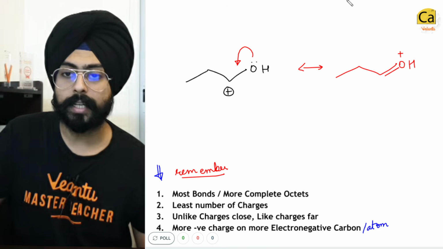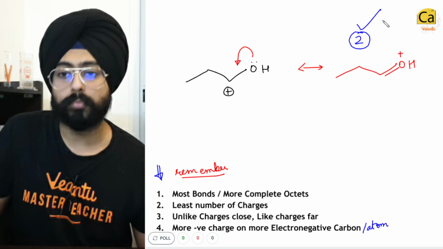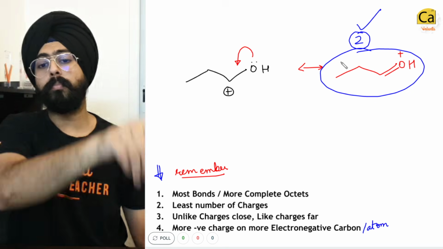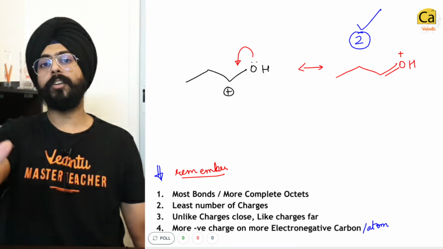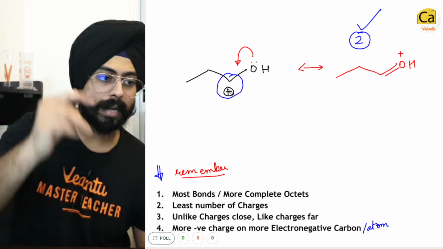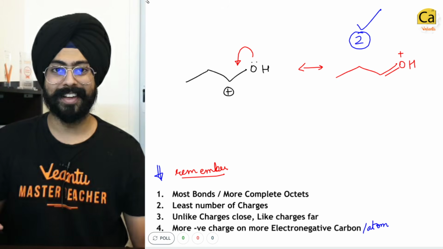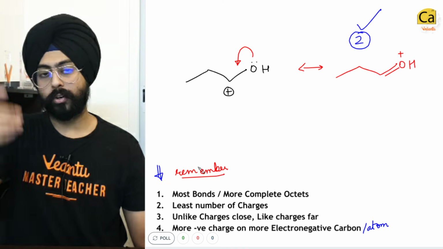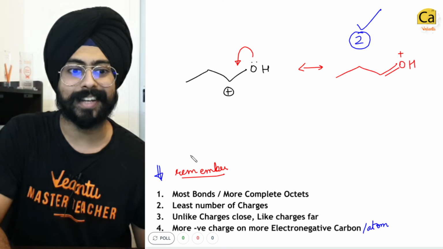The correct answer is that the second structure is more stable. Why? Because in the second structure, you have more bonds than the first structure. In the second structure, all the octets are complete. In the first structure, this carbon has an incomplete octet. Fine, great. Remember this order for tomorrow's question solving class because we will use this extensively.